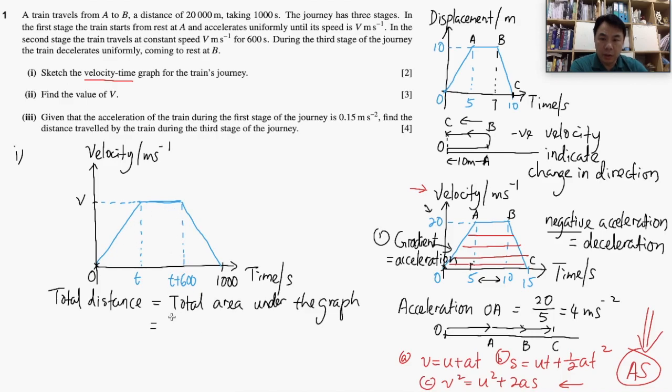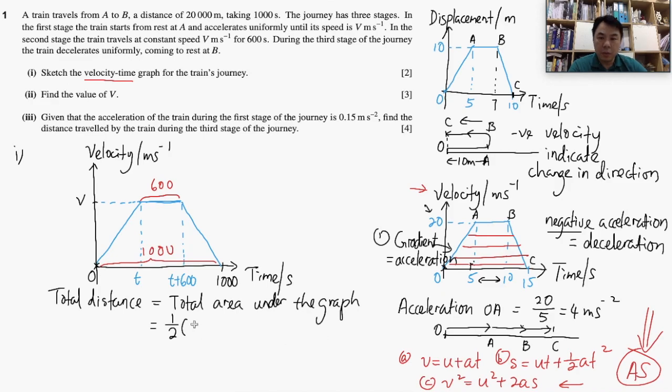So the area under the graph is given by half, multiplied by the sum of the parallel lines. The parallel lines are this line and this line here. Just to recap, this length is 600, and this length here is 1,000.